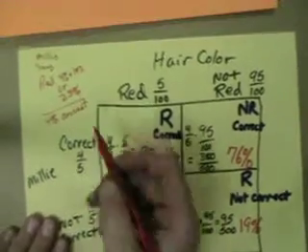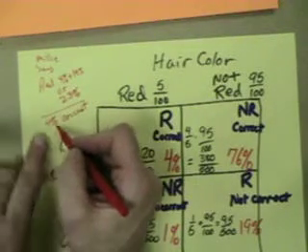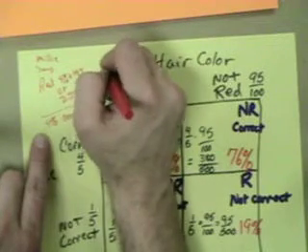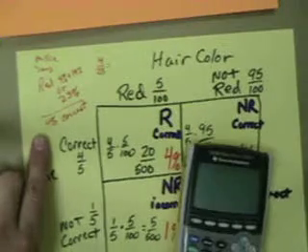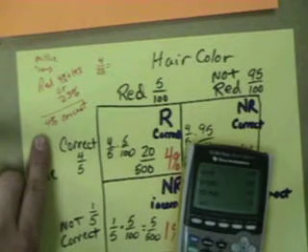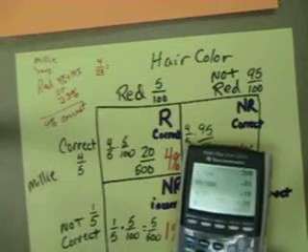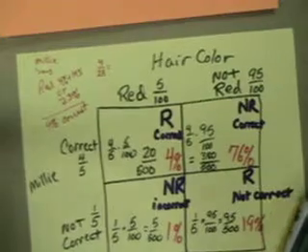Well, this is how many actually had red hair, and this is how many she said. So it's basically 4 out of 23, or approximately 17% of the time.